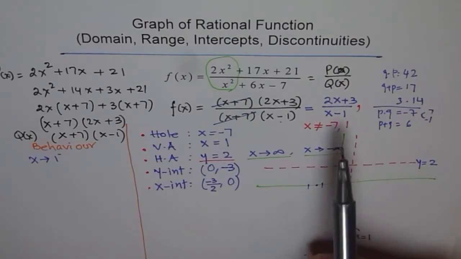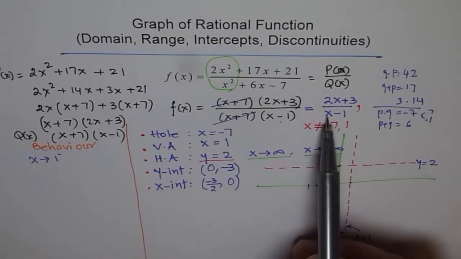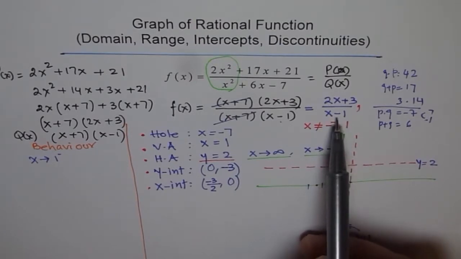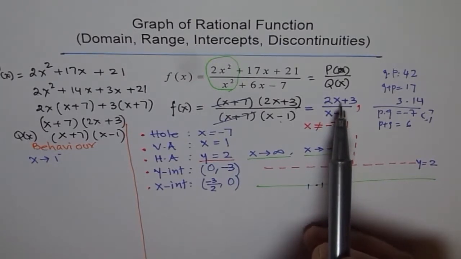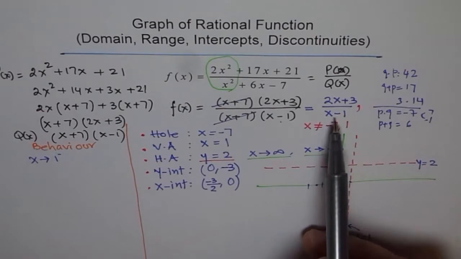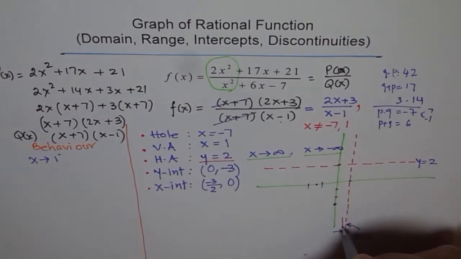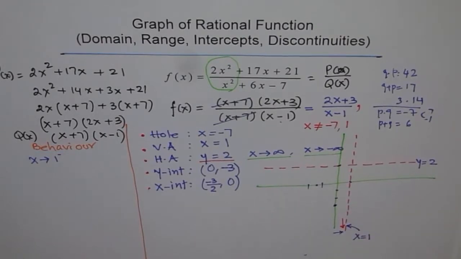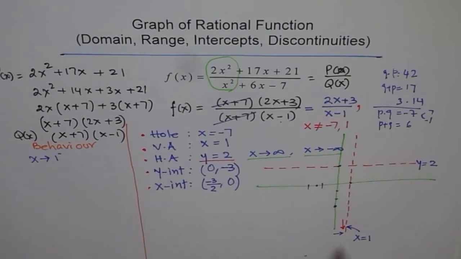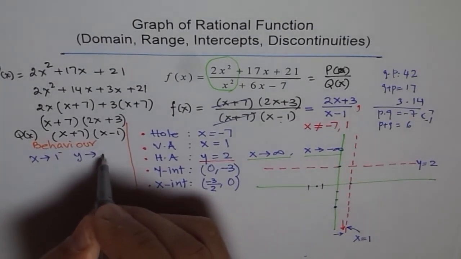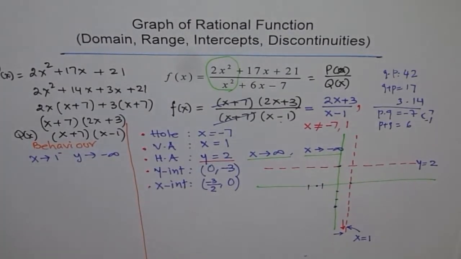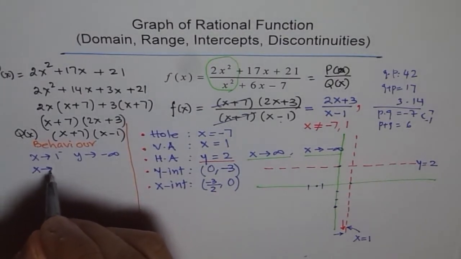That's close enough, right? If I took 0.9 here, then 0.9 minus 1 will be a negative thing, and the numerator is positive. And we know it's approaching infinity, and since we get a negative thing, it is approaching negative infinity. Do you see? So you get this curve. We can write here that as x approaches 1 from the negative side, y approaches negative infinity. Correct. Now the second parameter is what happens if x approaches 1 from the positive side.